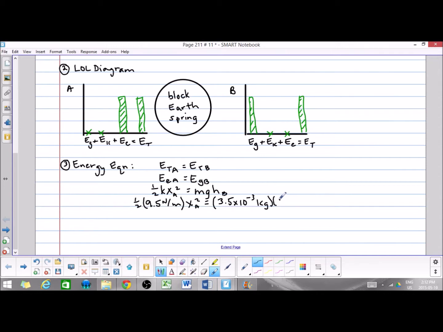And we put in our value of g, and the height at B, the 5.7 centimeters. And this solves to give you compression at A is 0.20 meters.